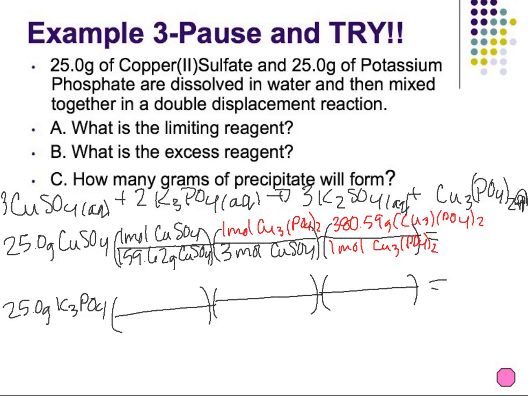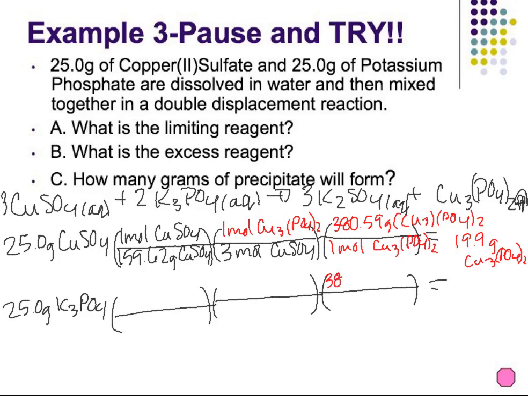Running out of room. Sorry about that. We do our math and we end up at the end, we've got 25 divided by 159.62 times 1 divided by 3 times 380.59 gives us 19.9 grams of Cu3(PO4)2.